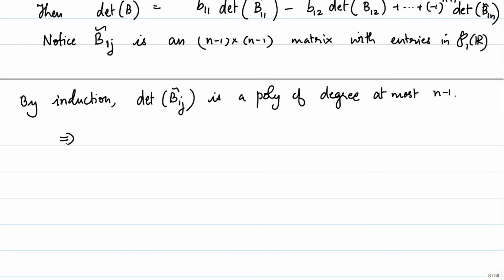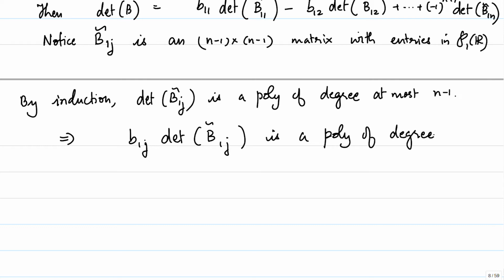It is in Pn minus 1 of R. That implies that B1j times the determinant of B1j tilde is a polynomial of degree at most n. Why is that the case? Because B1j has degree at most 1. Determinant of B1j tilde has degree at most n minus 1. Product of the two polynomials will have the sum of the degrees of the two polynomials. So it will be at most n.